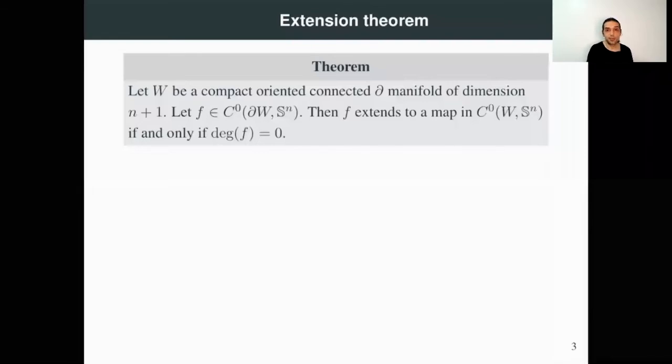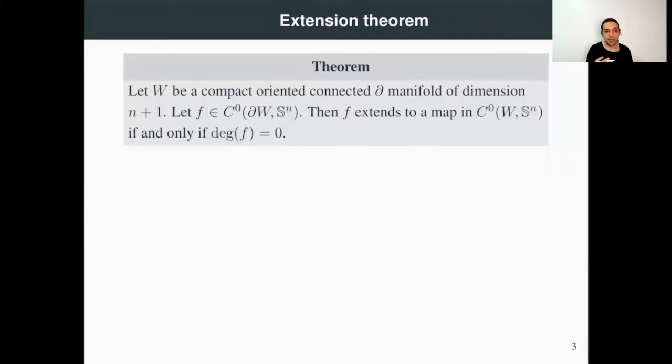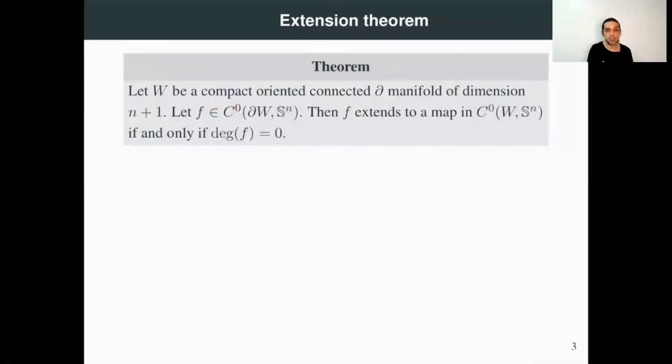The following theorem is a key result to prove Hopf's theorem, and indeed it is more general than Hopf's theorem. Okay, let W be a compact oriented manifold with boundary of dimension n+1, and consider a continuous map f from the boundary of W to the sphere Sn.